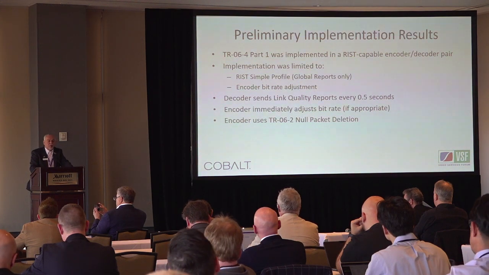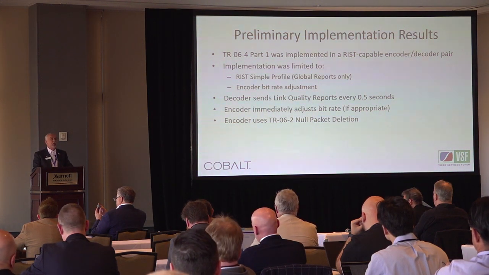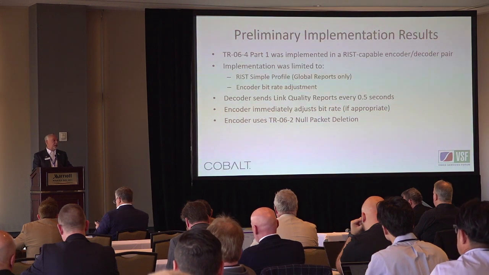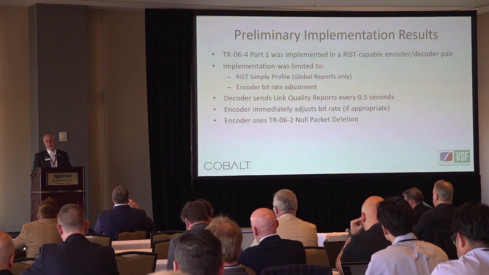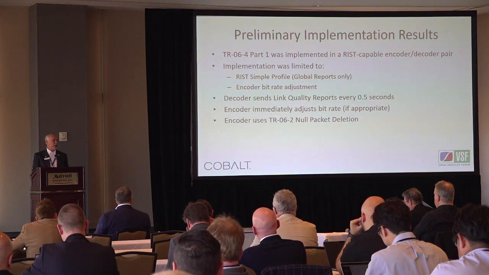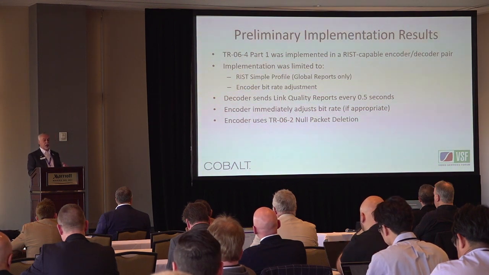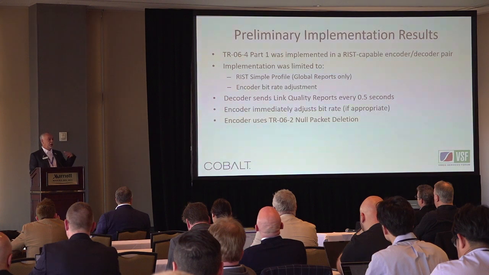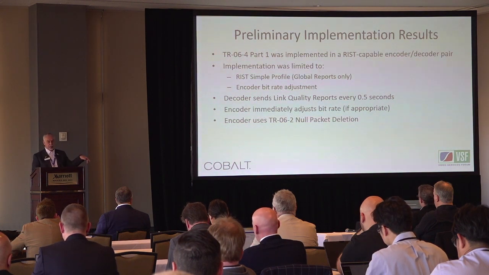One important thing for compliance: many professional IRDs want a CBR stream, so you can't really change the rate. What you've got to do is get rid of the null packets. You decrease the video PID rate, so the encoder will give you more null packets, and then you use TR-06 null packet deletion, which means you remove the null packets and put flags where they should be, and then the other side can put them back.